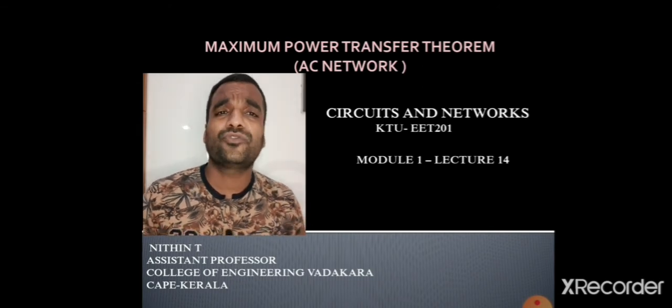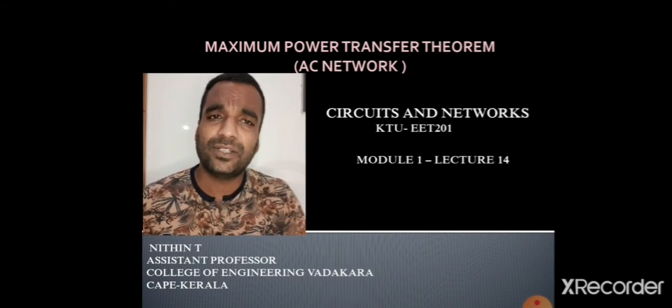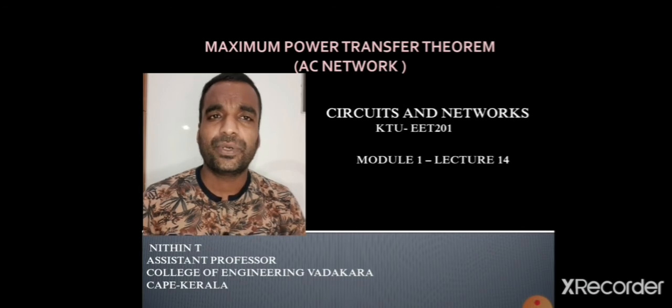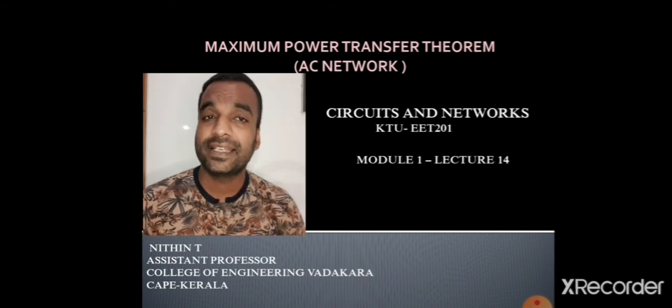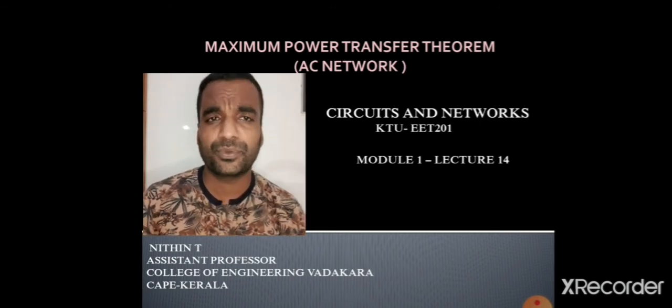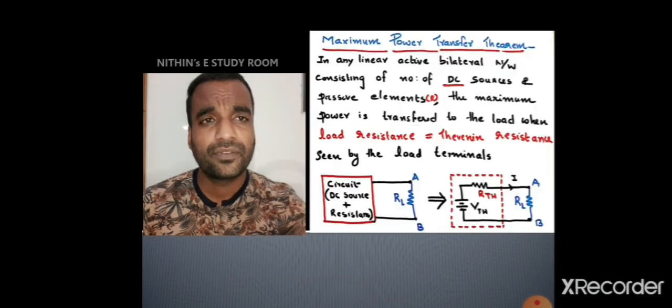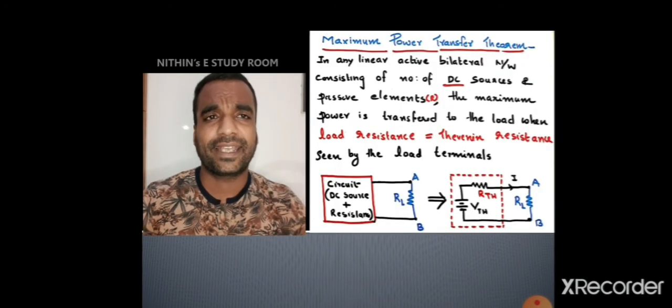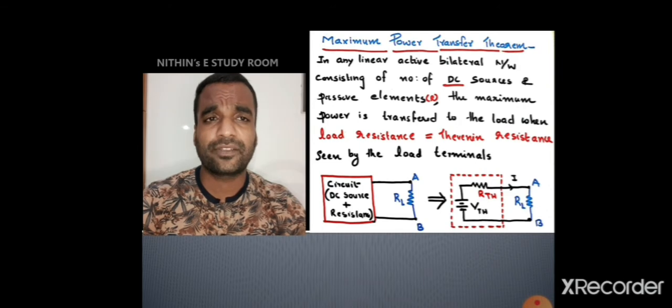If you are asked to find the P max in case of AC or DC, in the equation you are generally using resistance only. You are not using reactance in the final step. Okay, anyway, we will come to that. So we can start. Actually, this is a recap. This is the maximum power transfer theorem that we already discussed in the DC case.